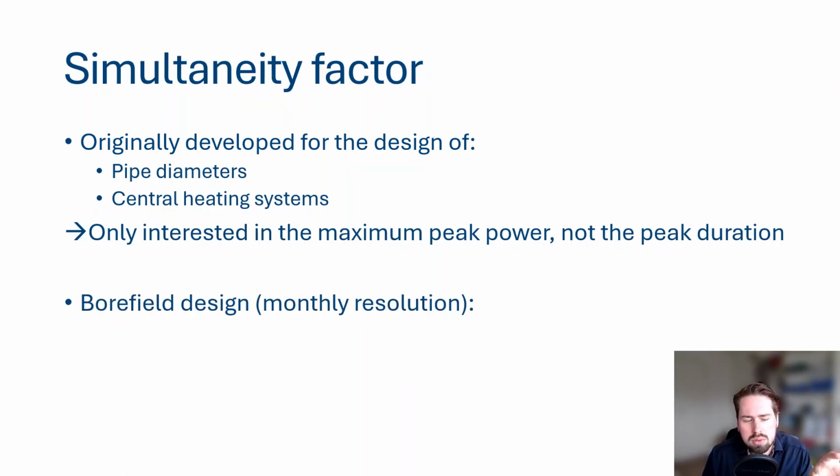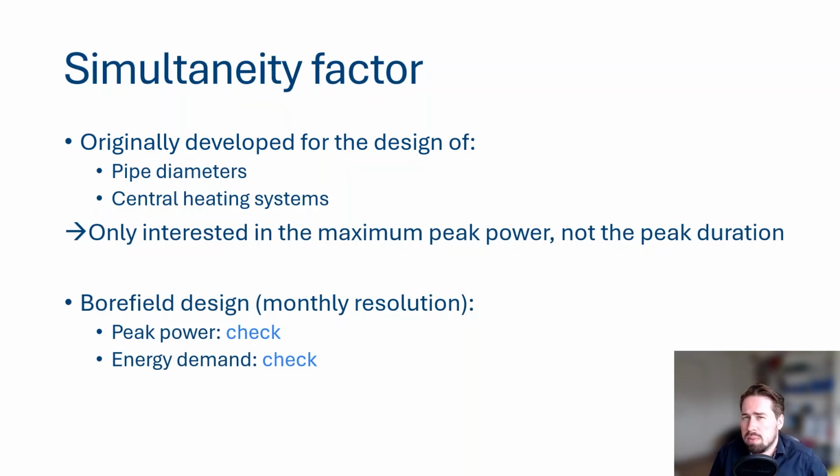For example, if you size with a monthly resolution, which is the case in most simulations, we need to know the peak power for heating and also for cooling, but let's now focus on heating. We need to know the peak power which can happen in the year. And this we know due to the simultaneity factor. We can reduce the total installed power with the simultaneity factor down to the peak power that can actually occur. So that's done.